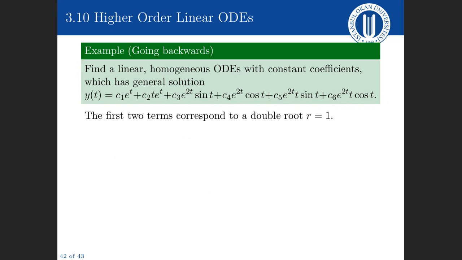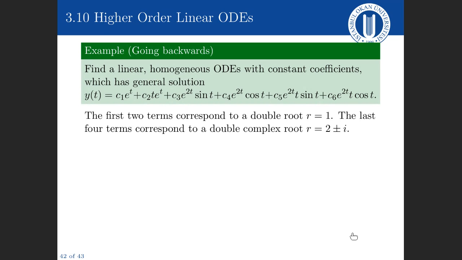So let me type this. The first two terms correspond to a double repeated root r equal to 1. And the last four terms correspond to a double complex root 2 plus or minus i.